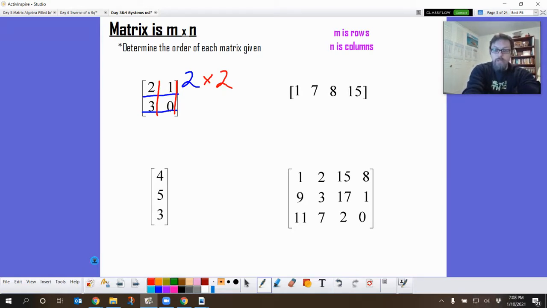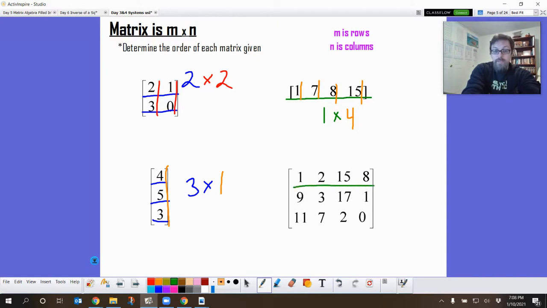The second one over here has just 1 row, and it has 1, 2, 3, 4 columns. So that is a 1 by 4 matrix. This matrix down here has 1, 2, 3 rows, but only 1 column. So it is a 3 by 1 matrix.